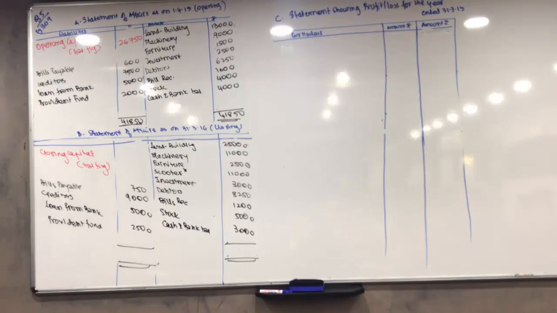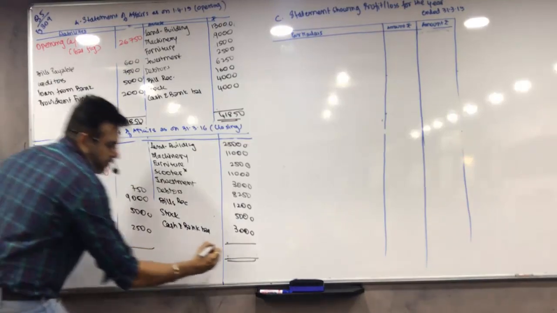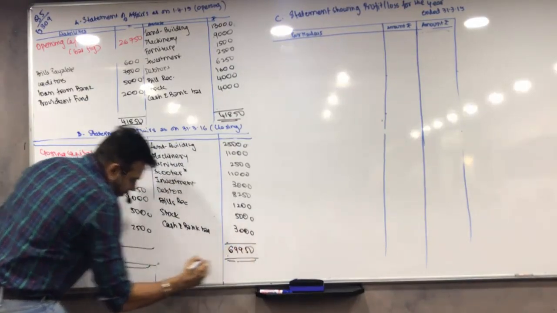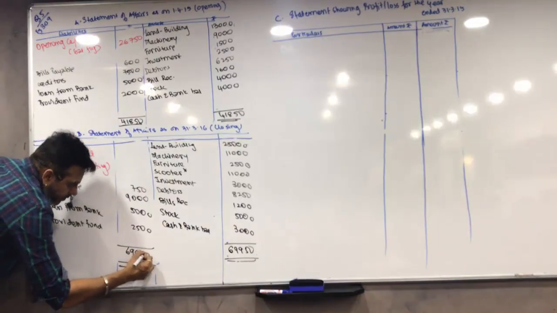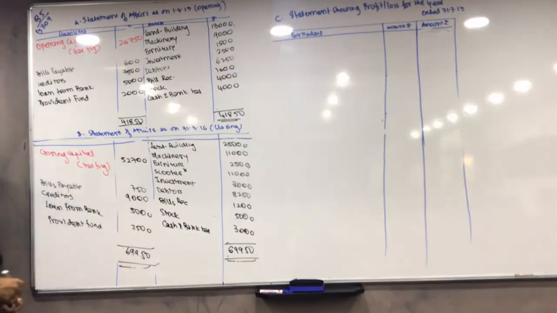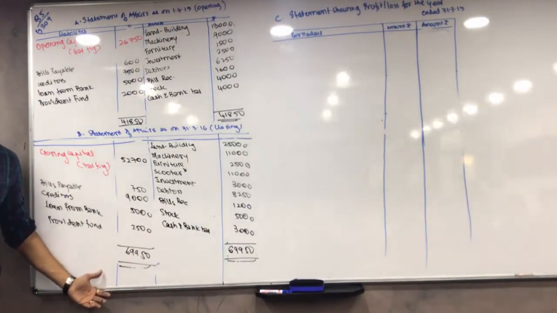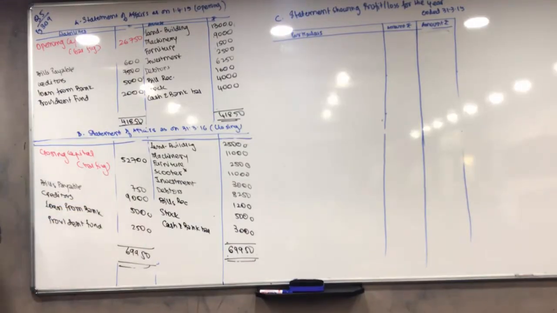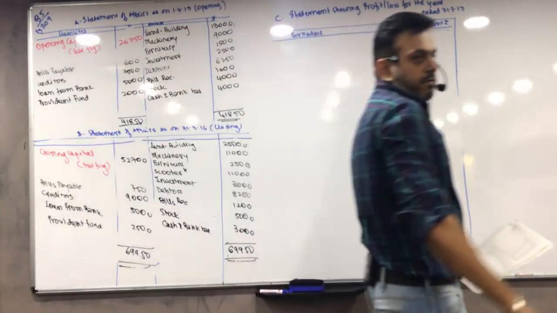What's the total of balance sheet closing? 69950. 52700. Now, as you can see, here the balance sheet is always going to tally because capital is the balancing figure. You remember we discussed this yesterday in the difference. Here we don't have a trial balance, so whatever we write, it is going to match. Profit or loss?